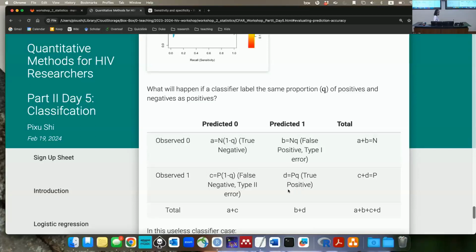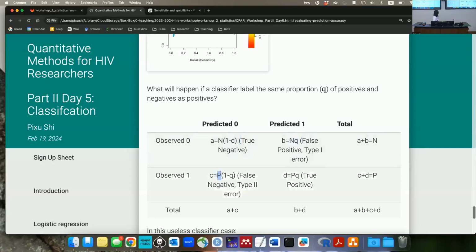So it's predicting everything with the same proportion, and you can change that proportion from 0 to 1. So this is the number of negative cases, this is the number of positive cases, and the predicted value is going to be negative multiplied by this proportion, and positive multiplied by this proportion, and multiplied by my classifier's performance.